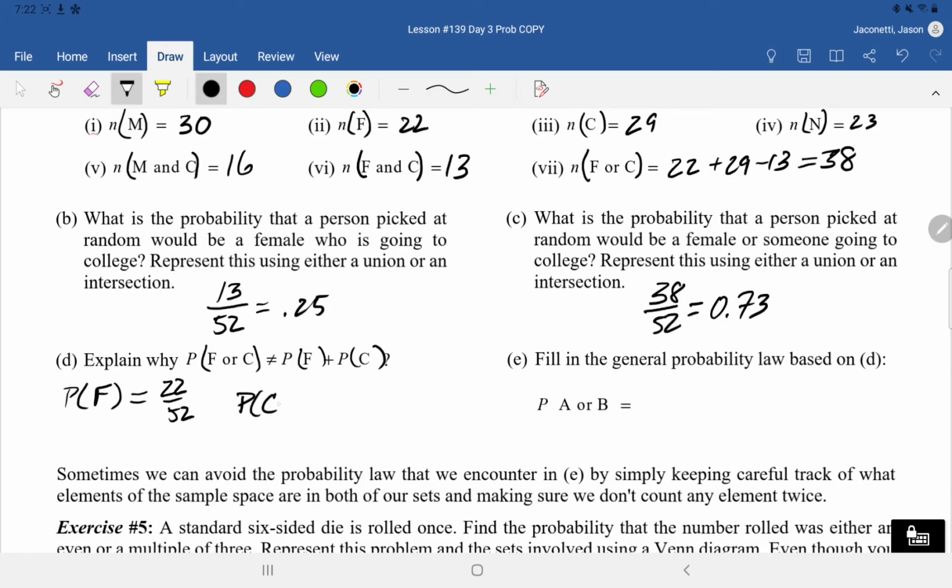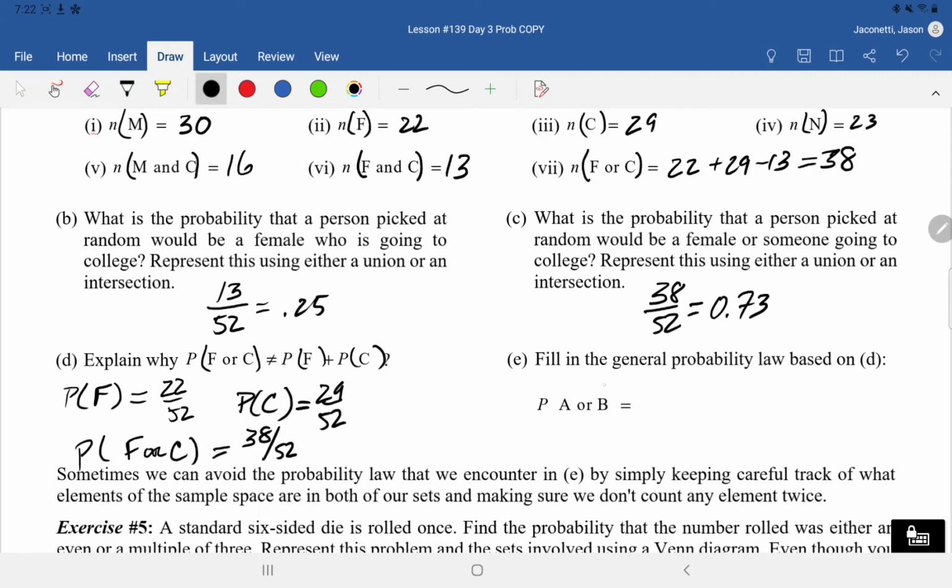And P of C ends up being 29 out of 52. And we know that P of F or C ends up being what we were just talking about. That's going to be the or statement, right? So you have to get rid of the and, so that's going to be the 38 out of 52.